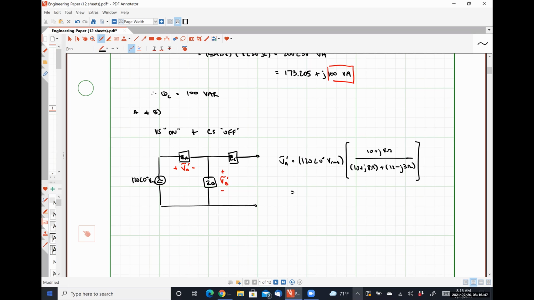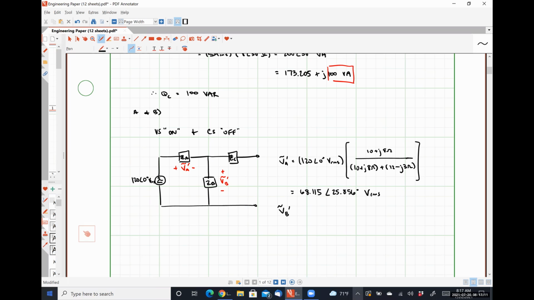And that's going to give me 68.115 with an angle of 25.856 degrees volts RMS.